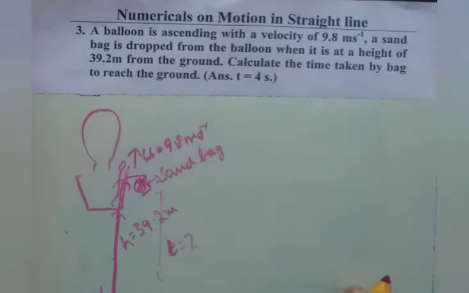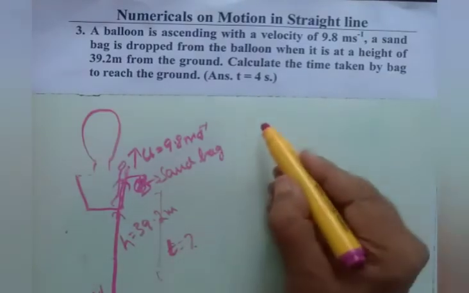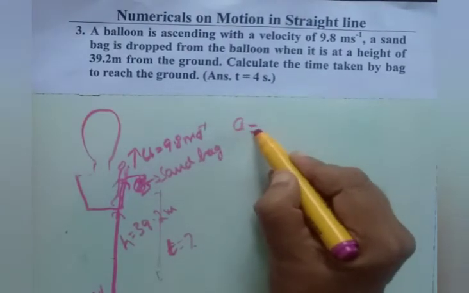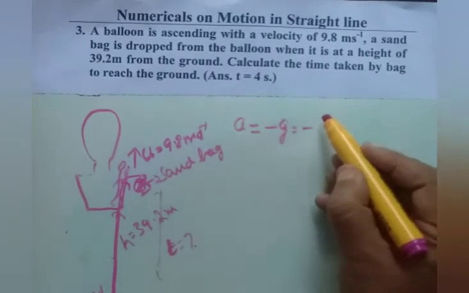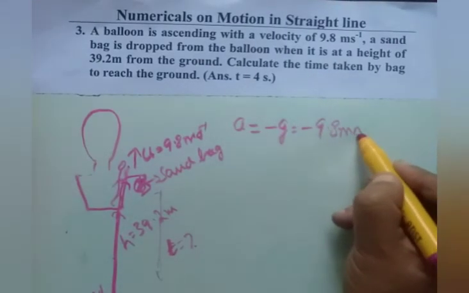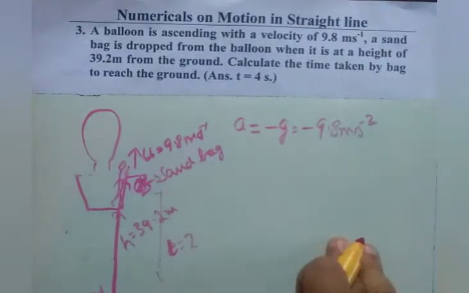We think of what all the things known: u known, h known, t to be calculated, and also observe it is the vertical motion under gravity, because Earth's gravity, in all these cases, acceleration on the Earth's surface can be taken as minus g, minus 9.8 meter per second square, because we assume always upward direction as positive direction, downward direction as negative, as acceleration due to gravity.